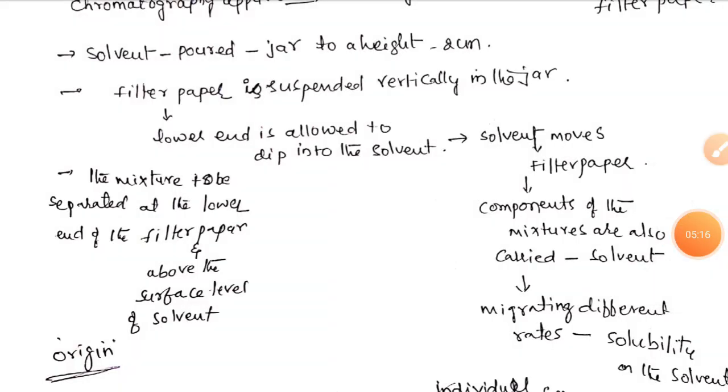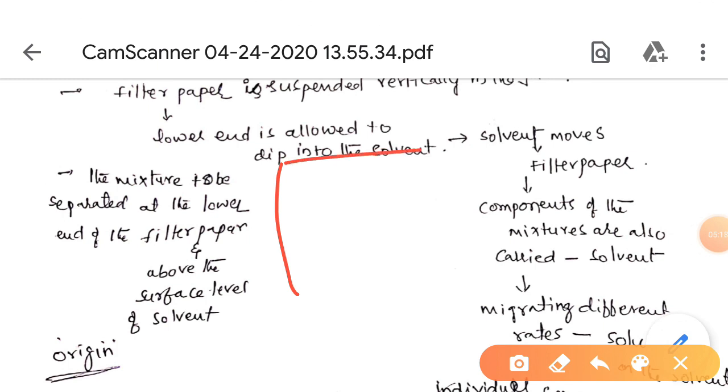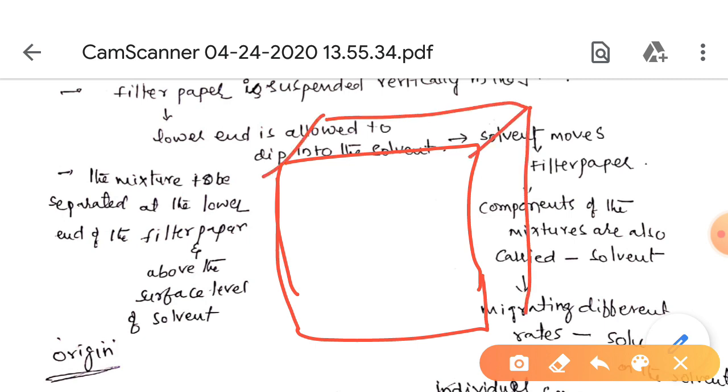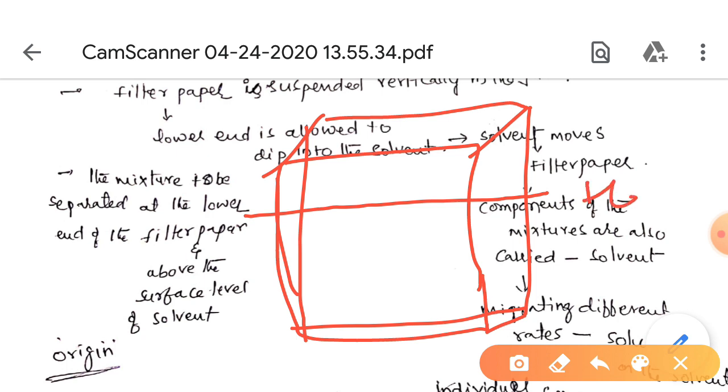Here we can check that roughly. This is the chromatography chamber, and here is the hanging rod, meaning the filter paper will be hung on this rod.